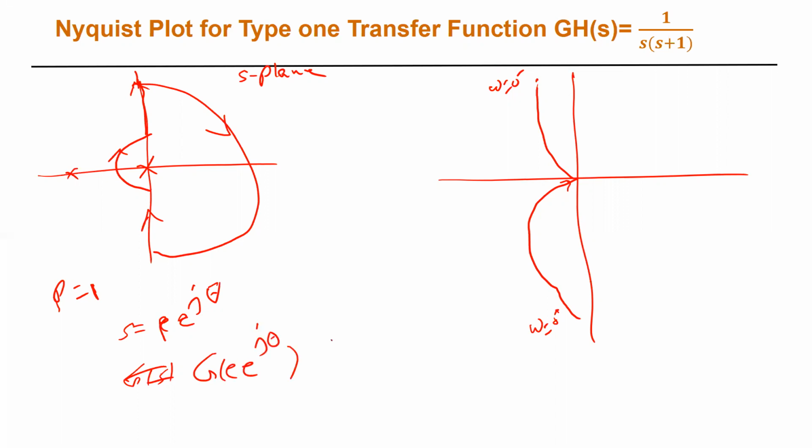So this is approximately, as we said, if you remember, from rho e to the j theta, equal to 1 over rho angle of minus theta. This is what we have.